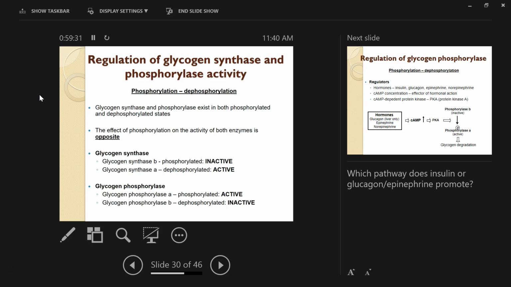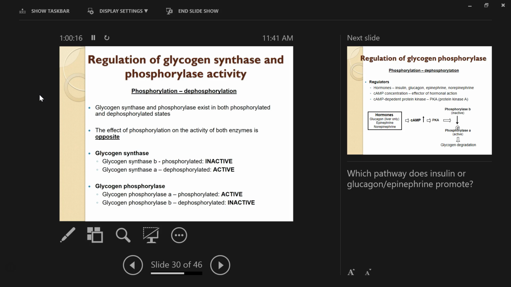In most cases, if a protein or enzyme gets phosphorylated, the activity is increased, activated. And dephosphorylation usually decreases the activity, but it's not always the case. Sometimes phosphorylation and dephosphorylation go the opposite way. A good example is glycogen synthase and glycogen phosphorylase. When glycogen synthase is phosphorylated, the activity does not increase but decreases.